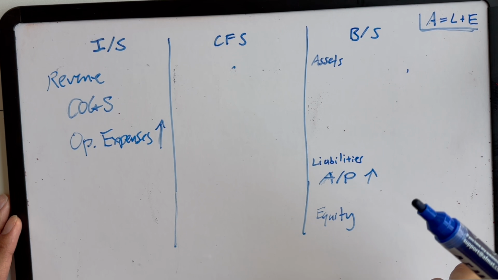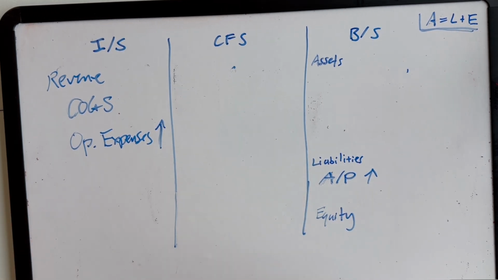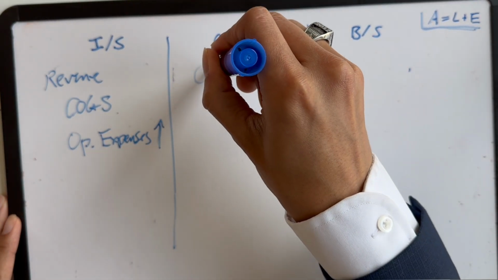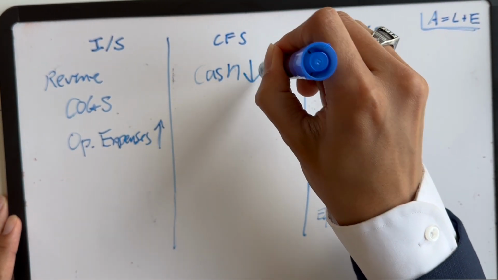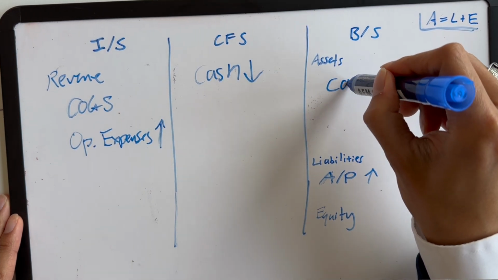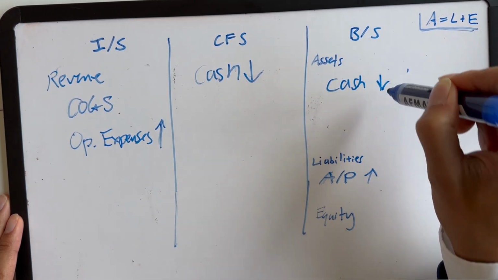Now what happens is time passes and the company actually pays for the operating expense. So your cash is going to go down on the cash flow statement. That also affects your asset side of the balance sheet. Your cash is going to decrease.